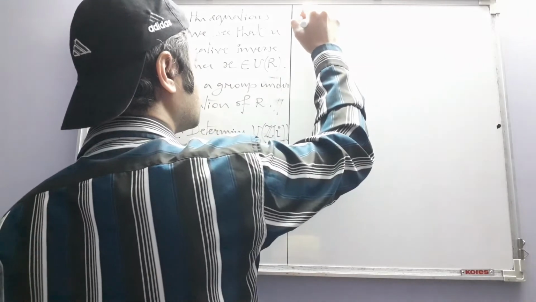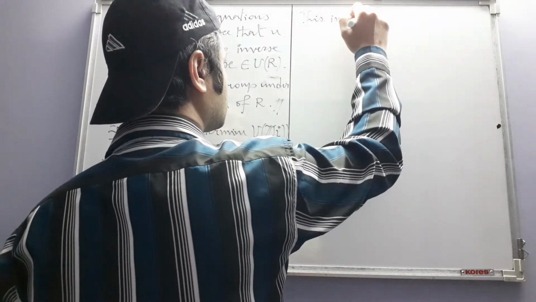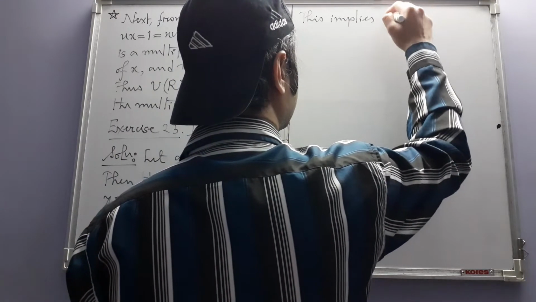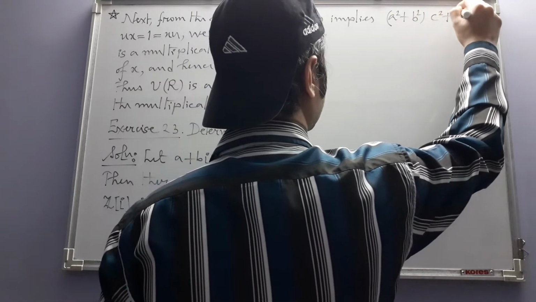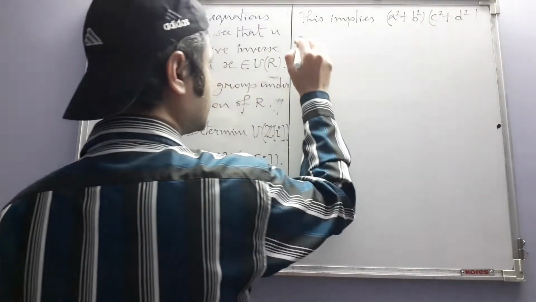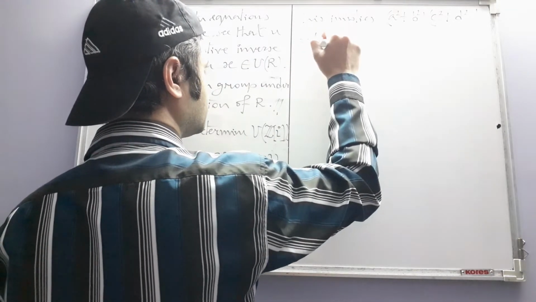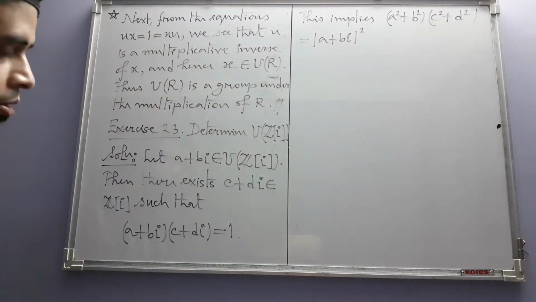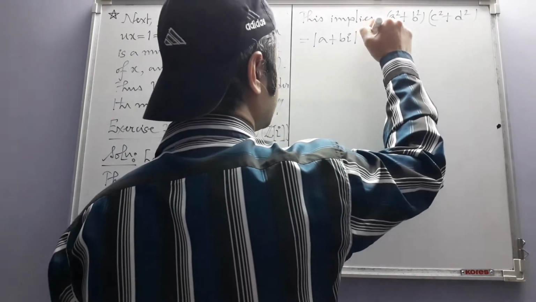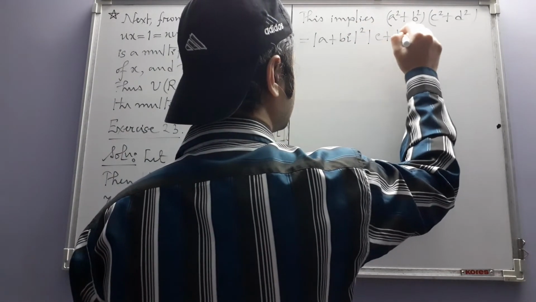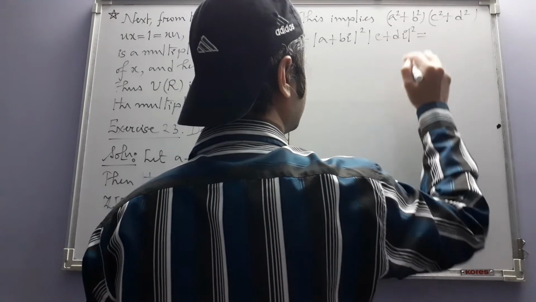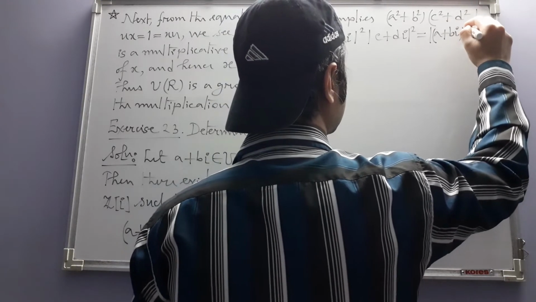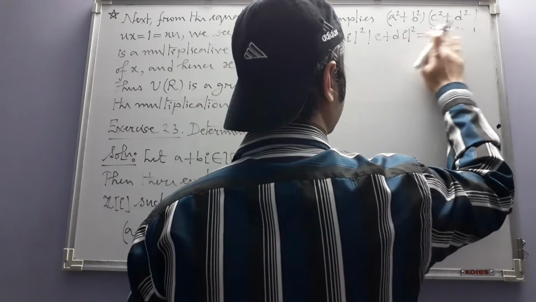This implies A square plus B square times C square plus D square is equal to the square of the absolute value of the complex number A plus Bi times C plus Di, which we know from elementary properties of complex numbers.